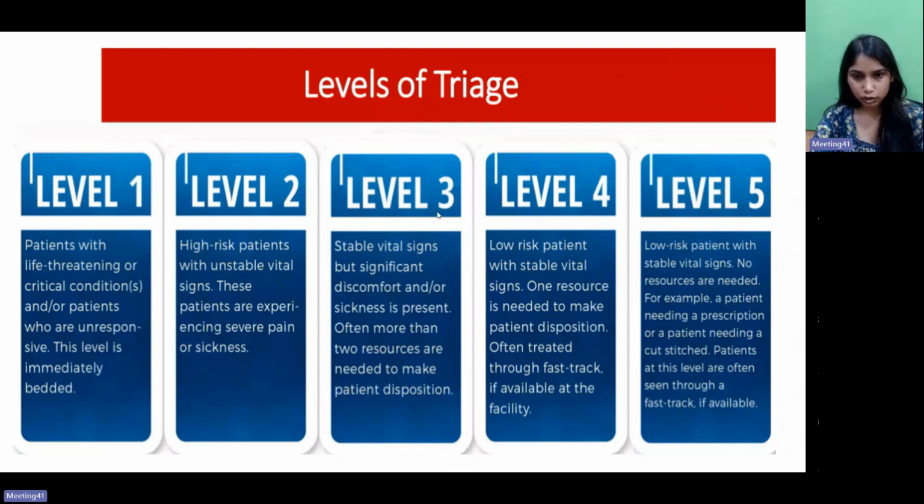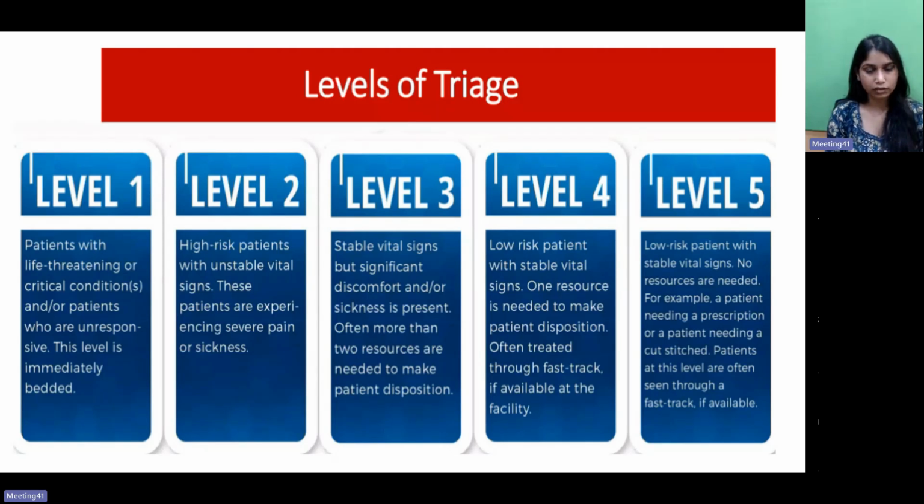Now the levels of triage, here we will discuss all the levels. Patients with life-threatening or critical conditions, those fighting for their life, come in level 1, where we should transfer them to the hospital very immediately. This level is immediately bedded, right?